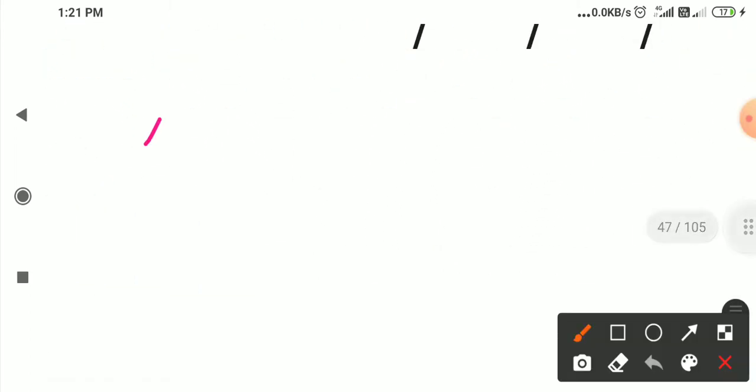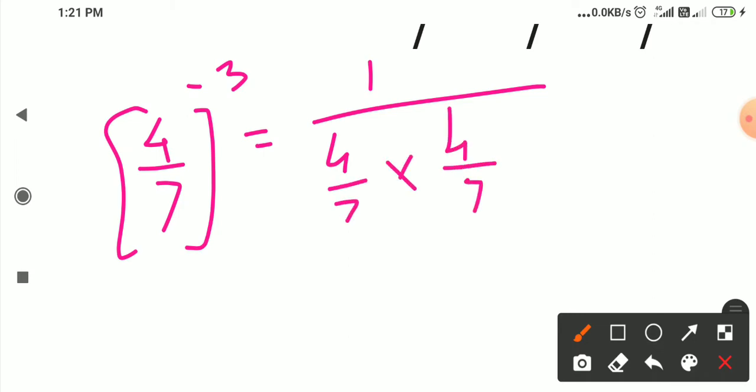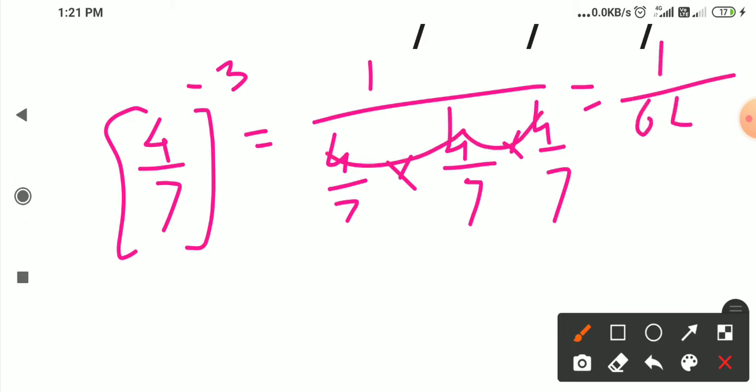4 upon 7 raised to minus 3 equals 1 upon 4 upon 7 into 4 upon 7 into 4 upon 7, equals 1 upon 4 4s are 16, 16 4s are 64, 7 7s are 49, 49 7s are 343, so 64 upon 343.